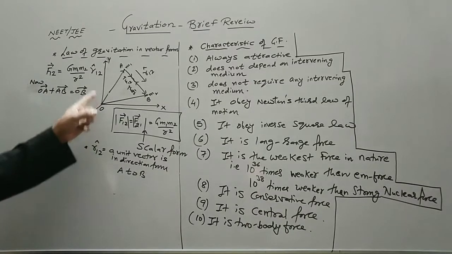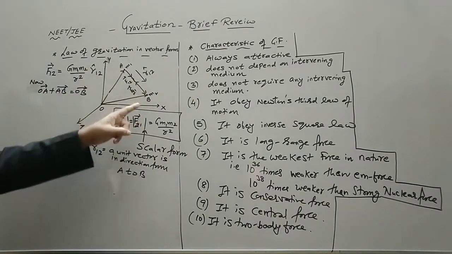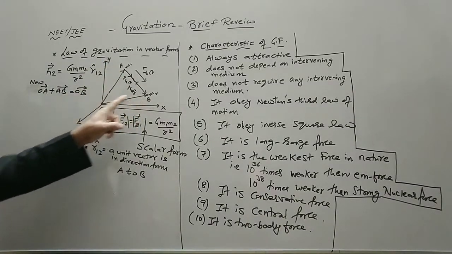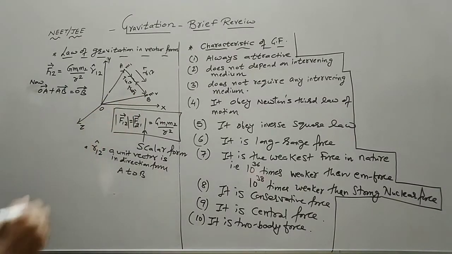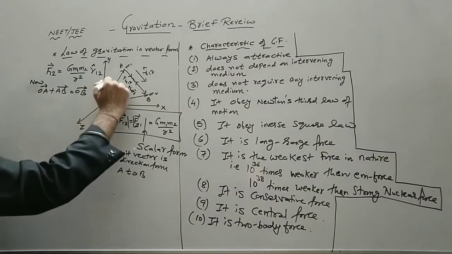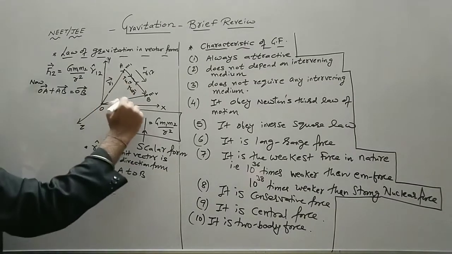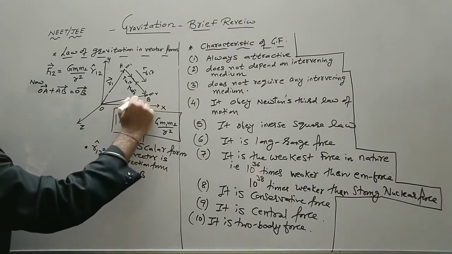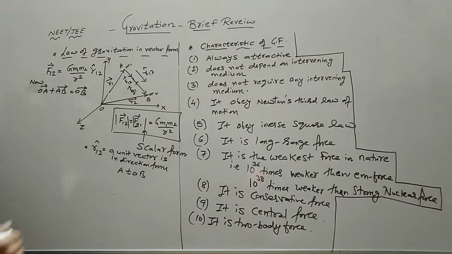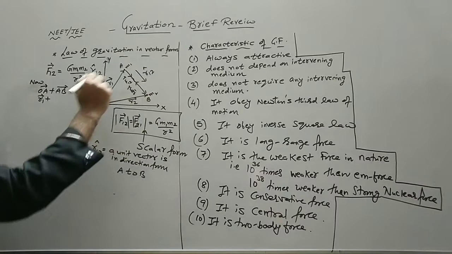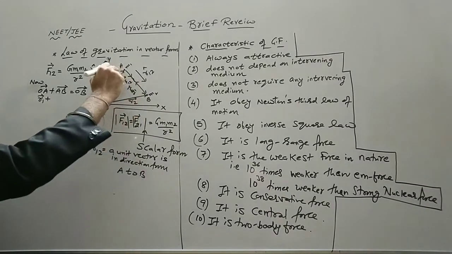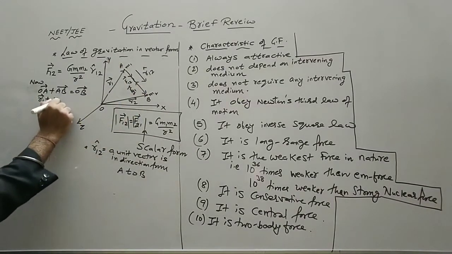So if two vectors OA, AB are in the same order, then the resultant is the third side taken in opposite order, so OB. Now OA is called the position vector of M1, and R2 the position vector of M2. So this is R1 vector plus A to B. A line joining A to B is denoted by R12 vector.